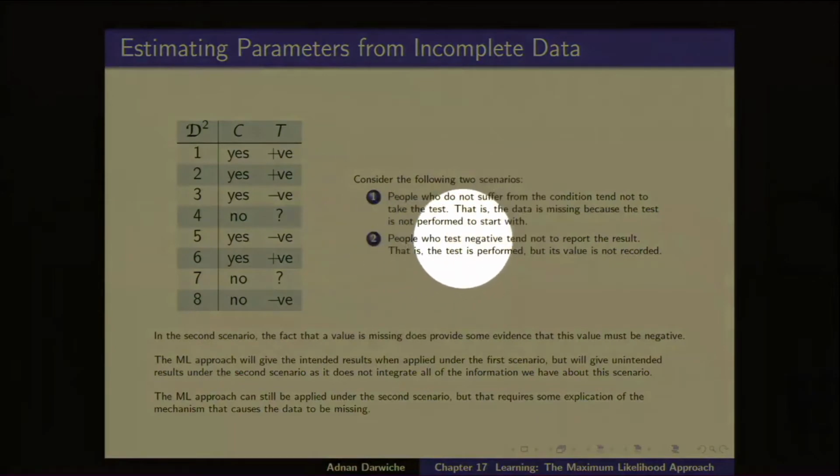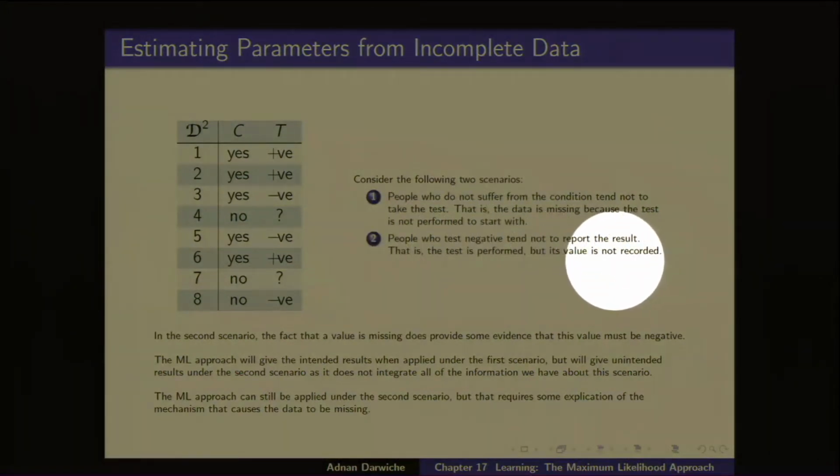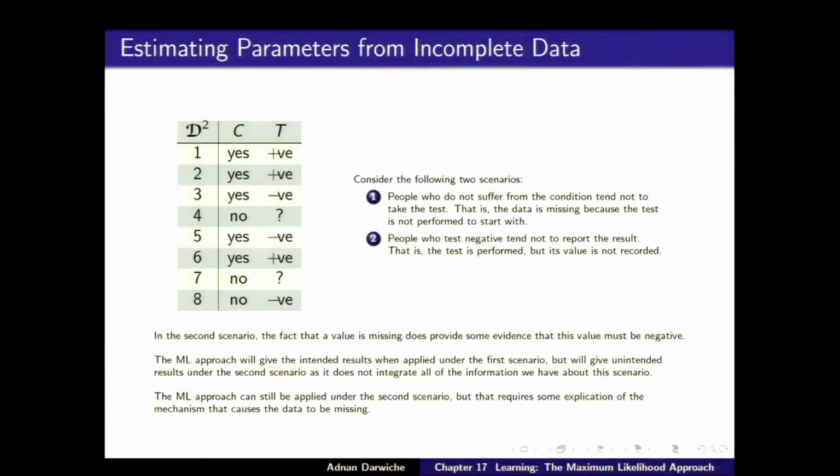People who test negative tend not to report the result. Big difference. The test is performed, but its value is not recorded. Now, what's the difference? In the second case, a missing value is somewhat indicative of what the true value is. That is information.